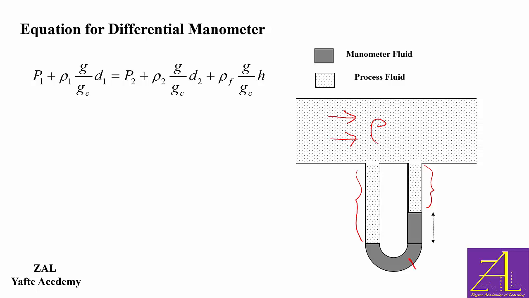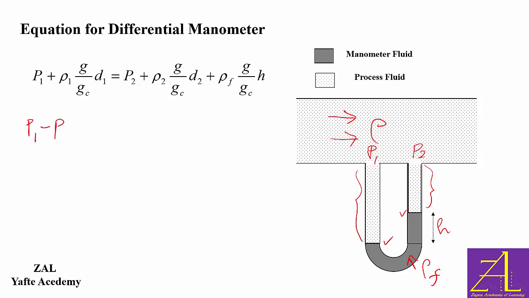Here we have the density of manometer fluid as rho F, and here we have the difference in height H. If we apply the general equation here and want to get the difference between P1 and P2, you may know that as fluid flows through a pipe, the pressure will drop. Therefore, P1 is bigger than P2, and it shows on the differential manometer because this level is lower than that, so it has pushed the manometer fluid down.